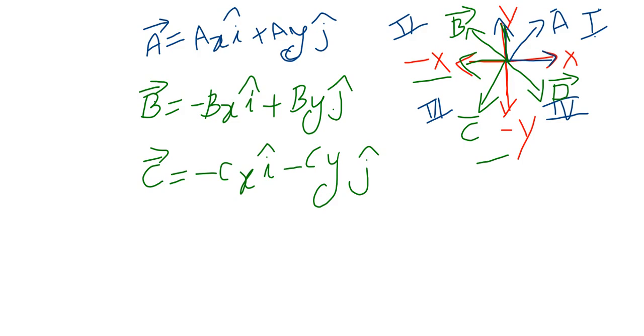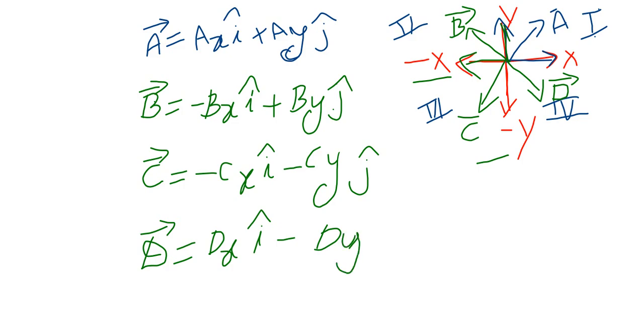So we write d bar is equal to dx i cap minus dy j cap. Like this, we can write the vectors in four quadrants.